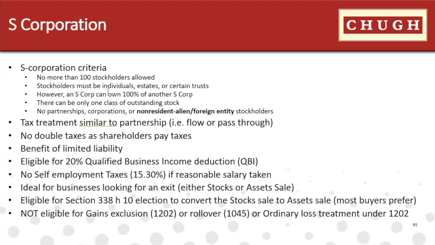In terms of tax treatment, an S corporation is a flow-through, which means the company does not pay the tax, all shareholders pay the tax. And there is no double tax because the shareholder is paying the tax. It has the benefit of limited liability, the same protection which a C corporation or regular corporation provides.